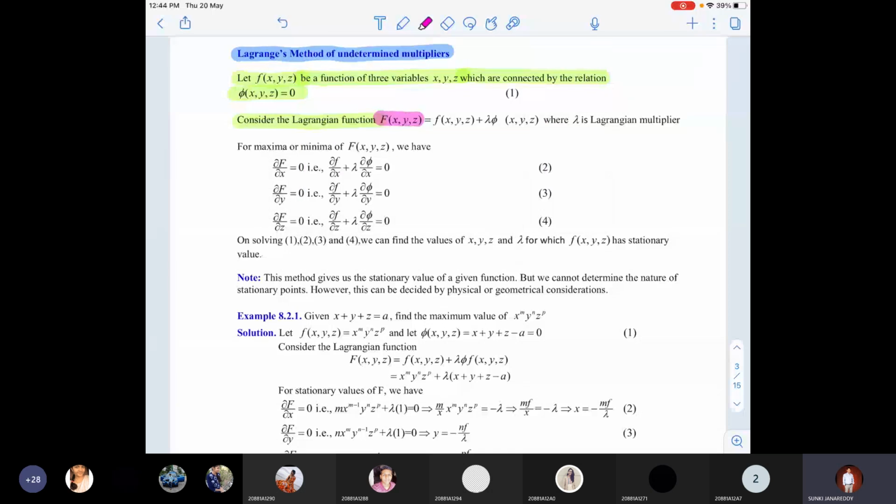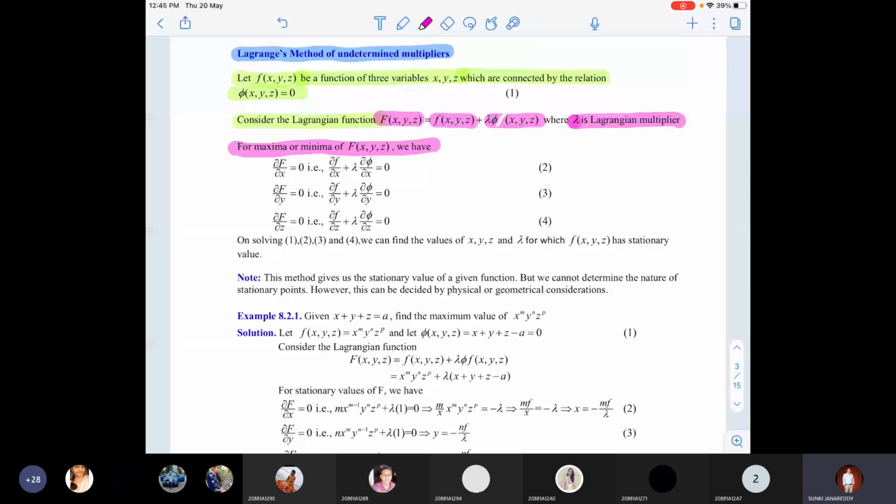lambda into phi of x comma y comma z. It is called the Lagrangian function or auxiliary equation, where lambda is the Lagrangian multiplier. From the given values we should write like this. First, capital F of x comma y comma z is equal to small f of x comma y comma z, the given function, plus lambda, the Lagrangian multiplier, into phi of x comma y comma z, the provided relation.